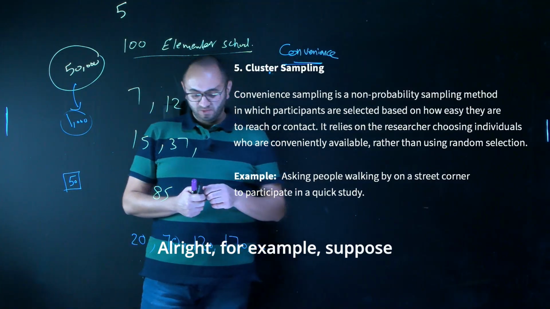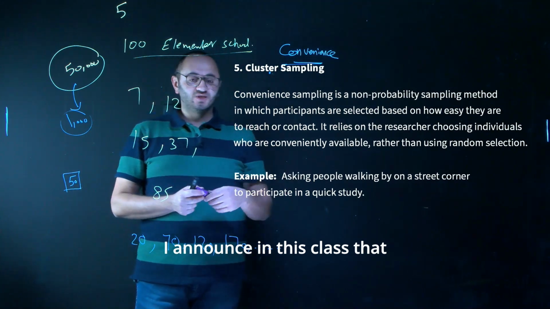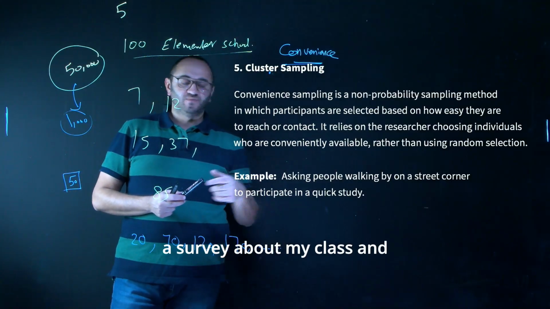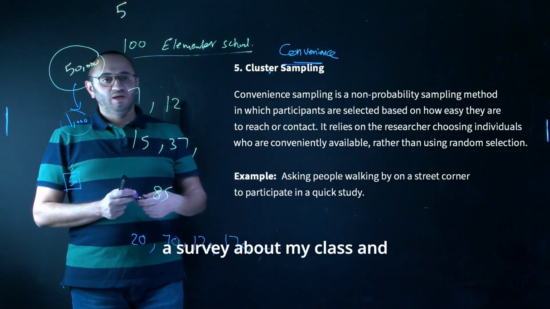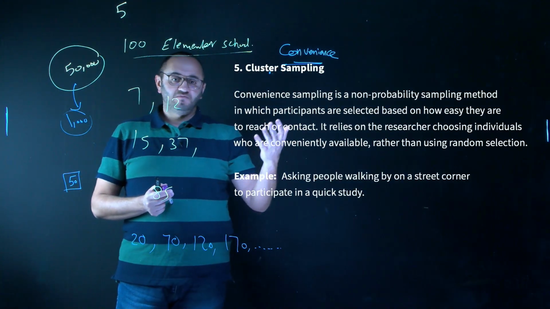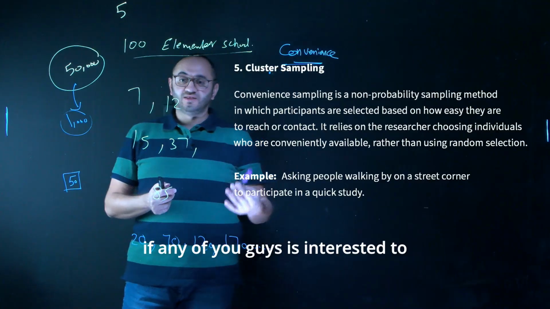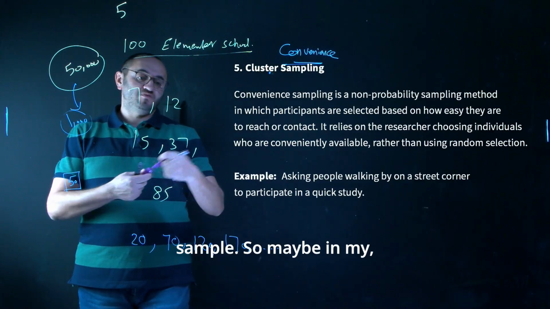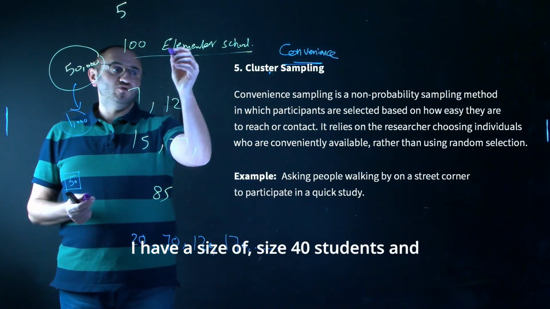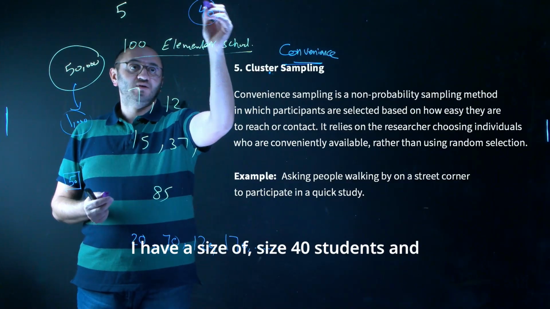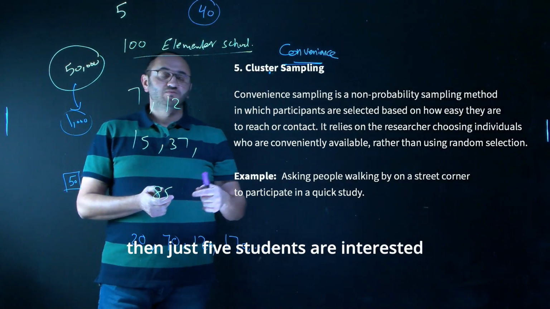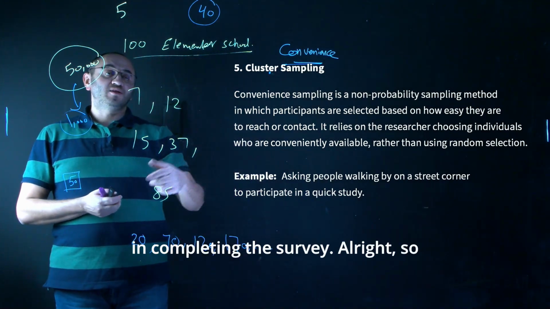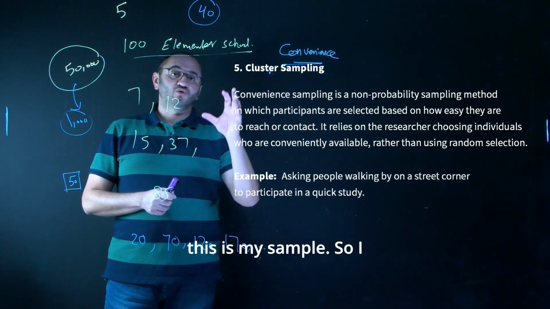For example, suppose I announce in this class that there is a survey about my class, and if any of you is interested in completing that survey, then this is my sample. So maybe I have 40 students, and just 5 students are interested in completing the survey. So this is my sample.